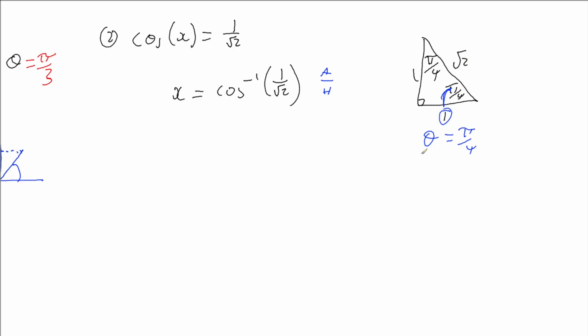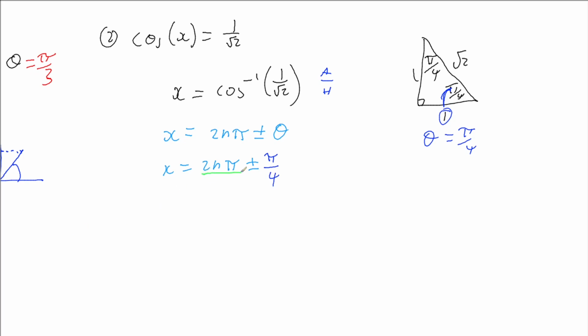So now if we go to the base form for the general solution to this, that is that we have 2n pi plus or minus the angle that we obtain. So our general solution is going to be 2n pi plus or minus this pi on 4 we just worked out. And again, we can tidy this up.